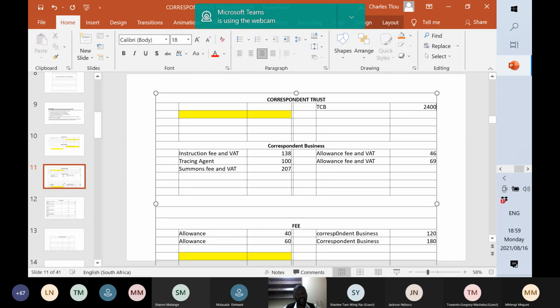Now we've got a collected amount of 2,400 rand, and we must charge that 10% collection commission. Calculate the 10% of 2,400 and tell me how much it is. 240. Yes, the 10% of 2,400 is 240.